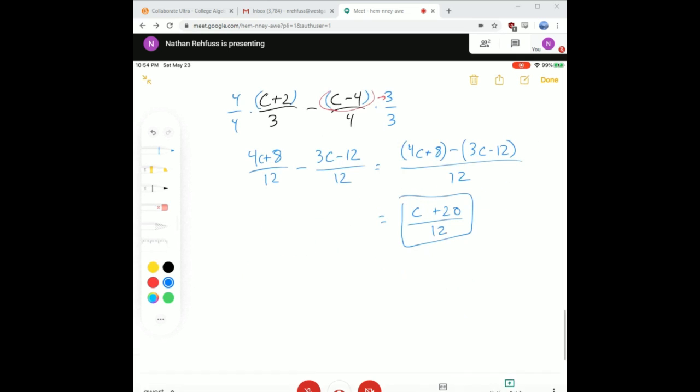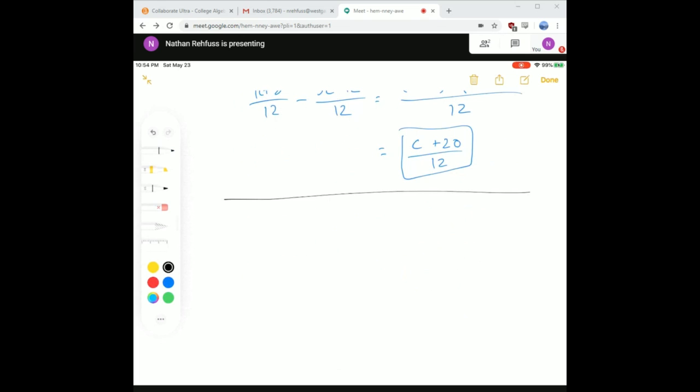Let's do one more just to show the full experience here. Let's say I had x minus 1 over x plus 1, and I wanted to subtract from that 2x plus 3 over 2x plus 1. This one's going to be kind of a pain. It's going to have to get a common denominator, but this time we're multiplying by binomials.